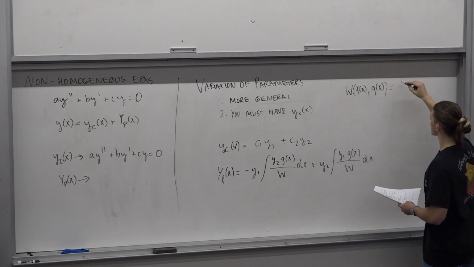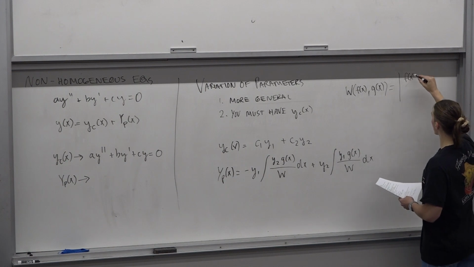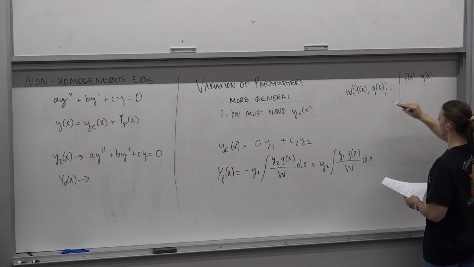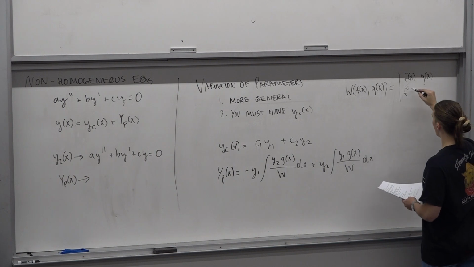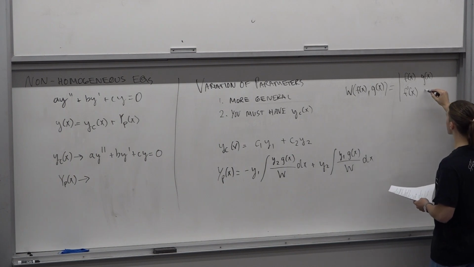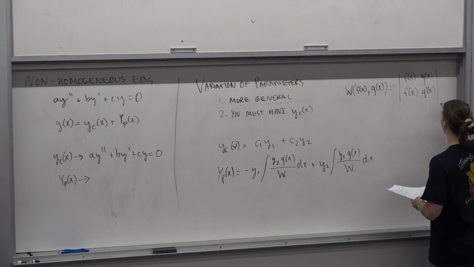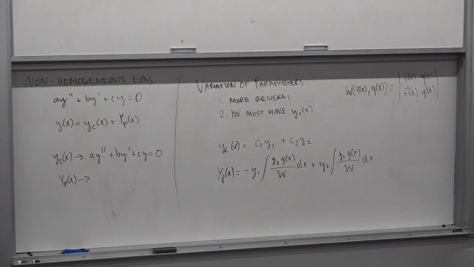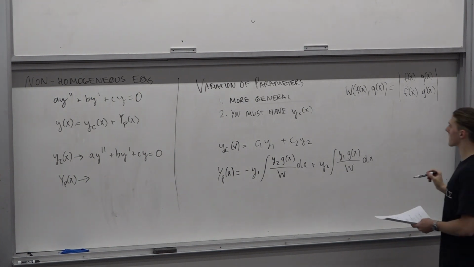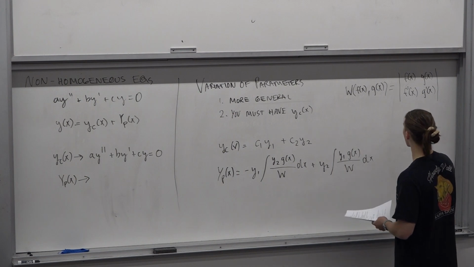We have these two functions, f and g, and the Wronskian is the determinant of those two functions and their derivatives. And there's a very simple formula for this.